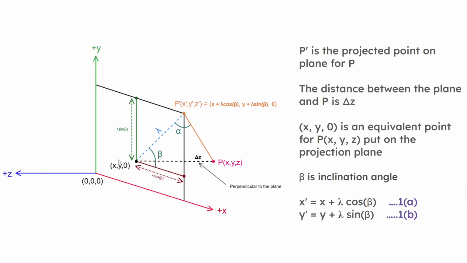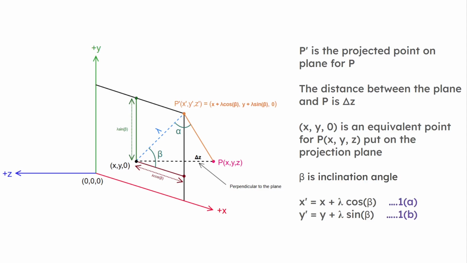Since every Z value on this plane is 0, this point's Z value is also 0, but its X value and Y value are the same as the X value and Y value of our target point P. We connect this black dot and our target point P with a dashed black line here. This line is perpendicular to this plane.